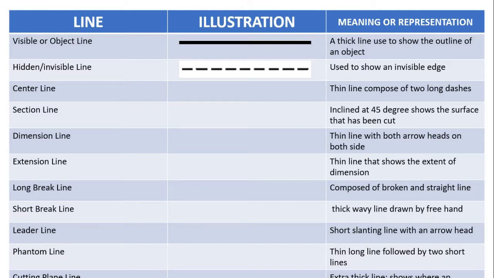Sa tabi-giliran nun, kung meron tayong hindi nakikita, gumagamit tayo ng invisible line para ipakita sa atin yung object na naka-hidden or nakatago.